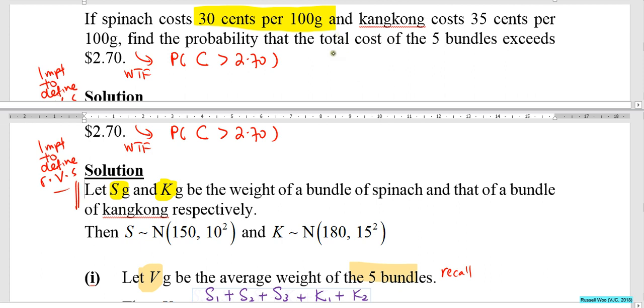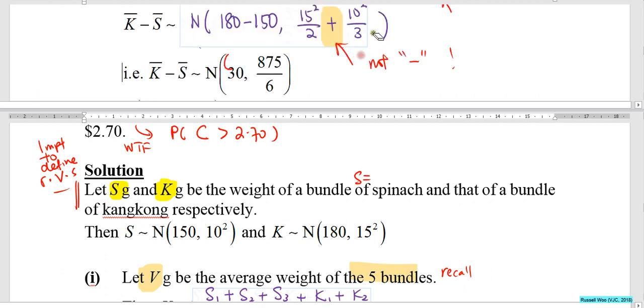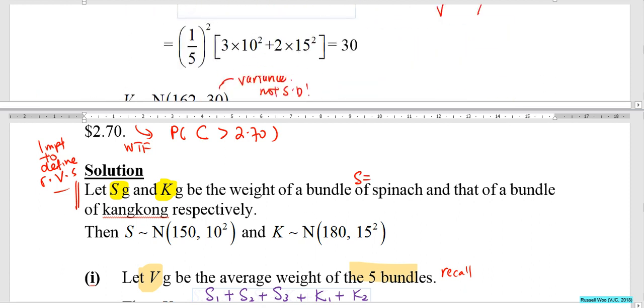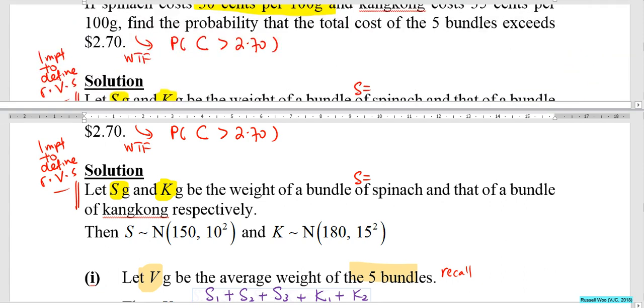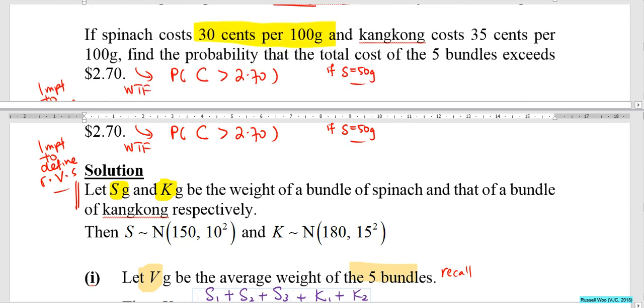If S is 50 grams, what do you think is the cost of 50 grams of spinach? In dollars.